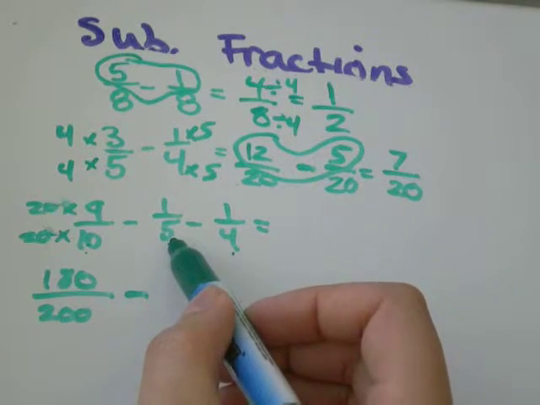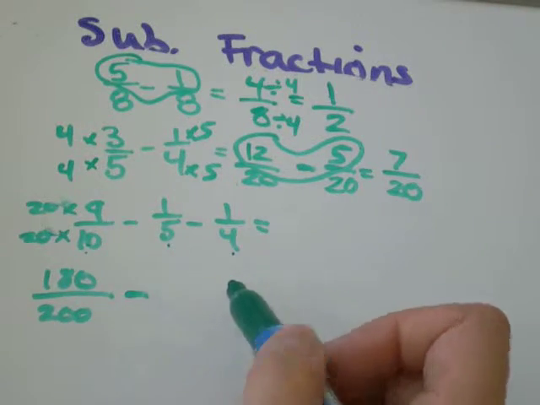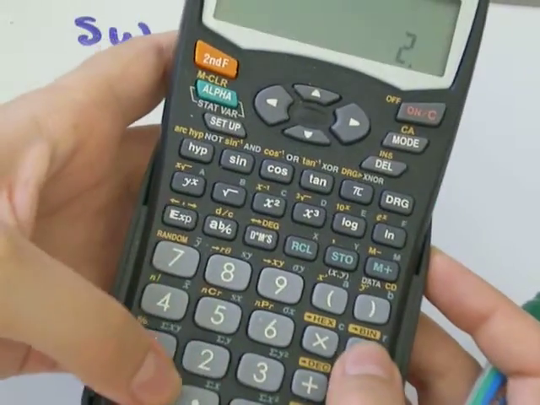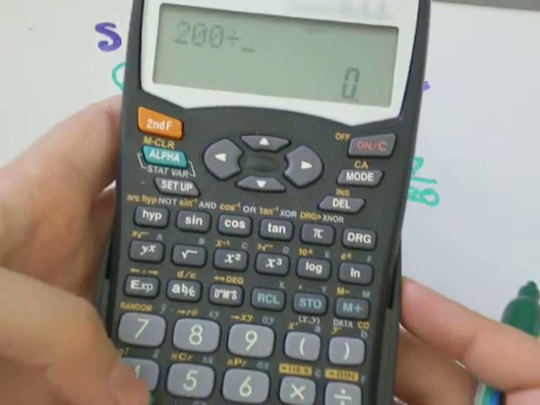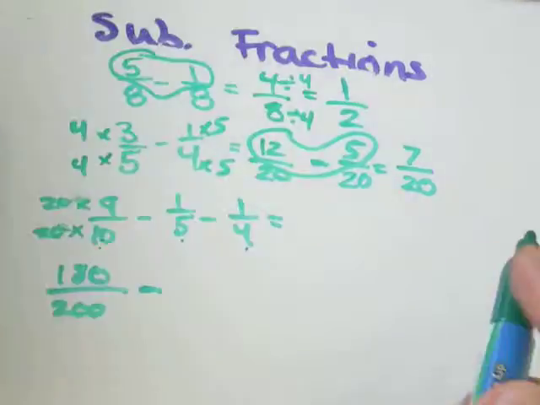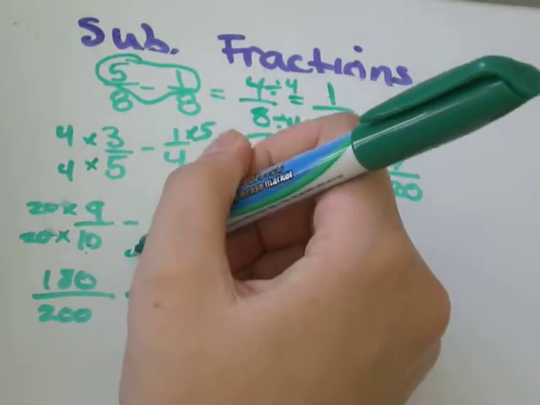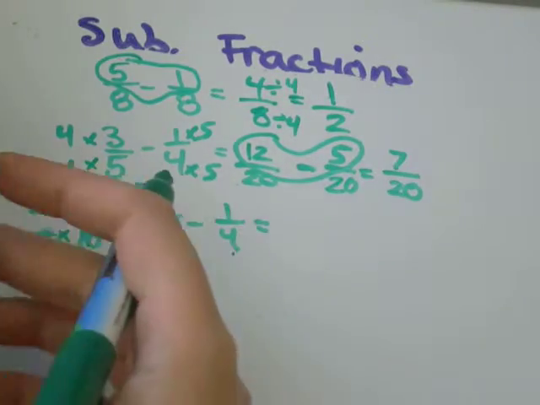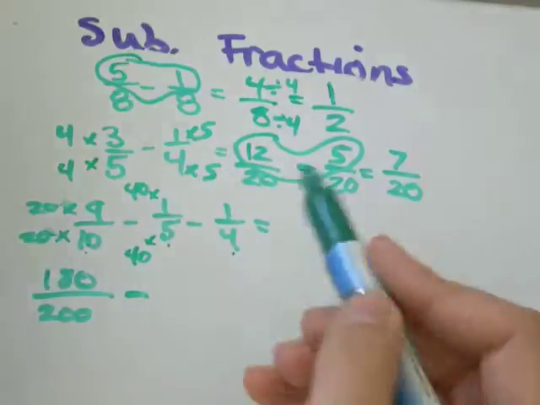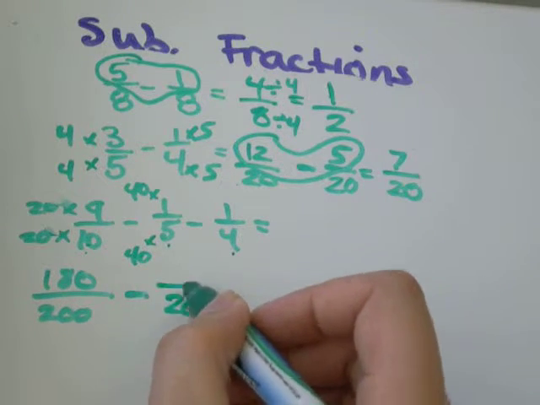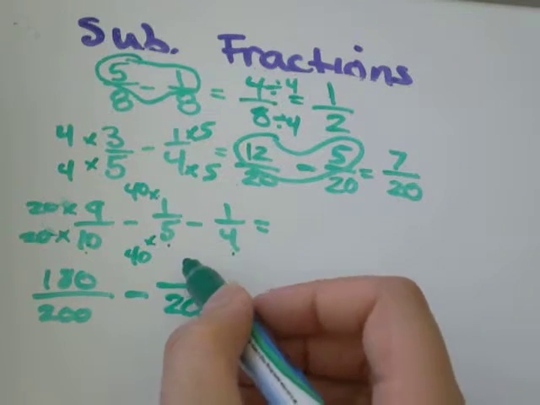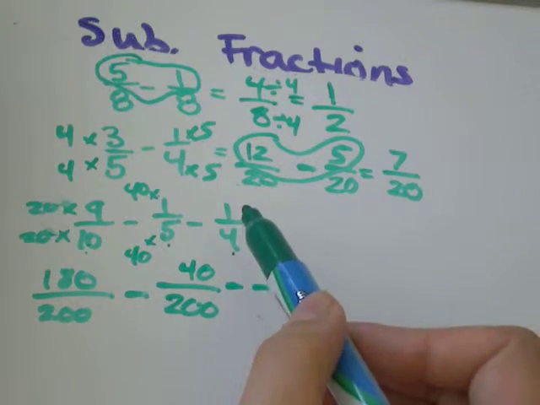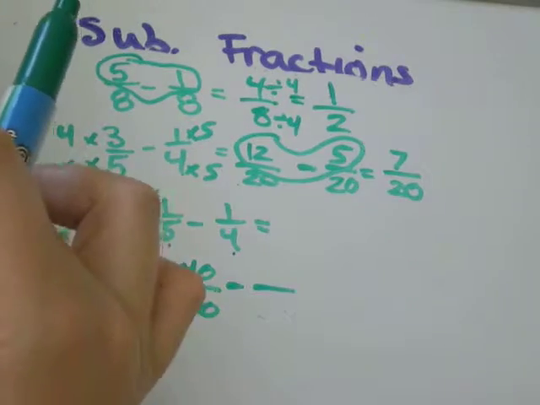Well, if you're not sure, just take your calculator and go 200 divided by 5. 40. So I'll go 5 times 40, 1 times 40. 5 times 40 is 200 over 40 times 1 is 40 minus, well, what do I multiply 4 by to get 200?